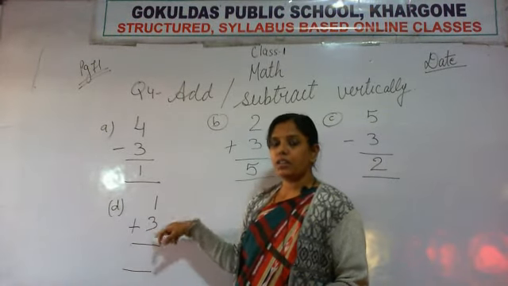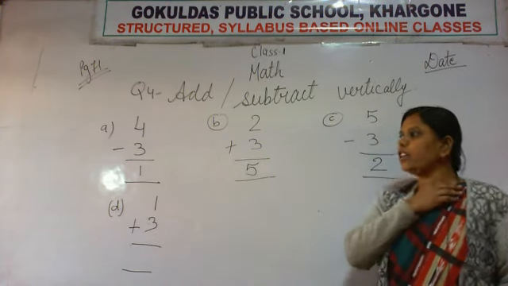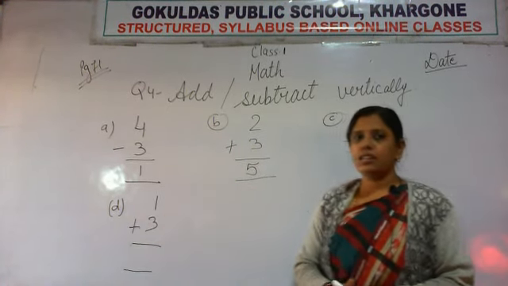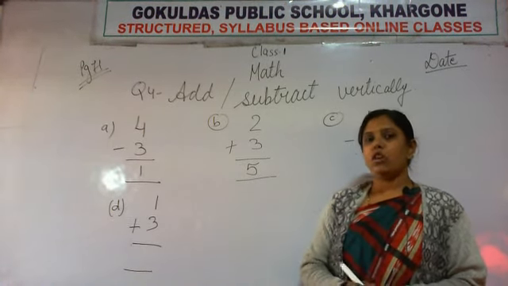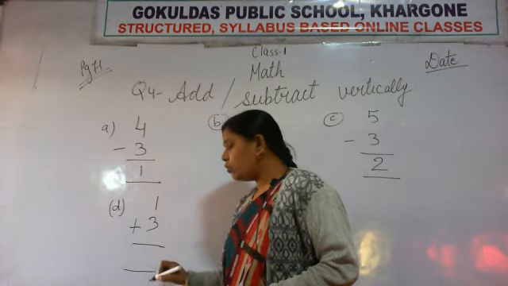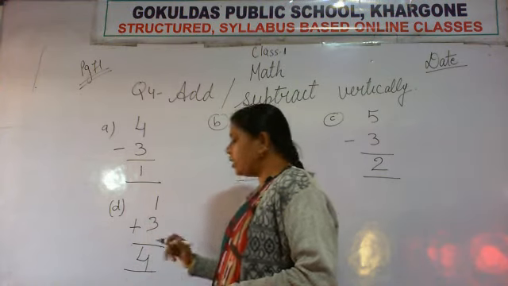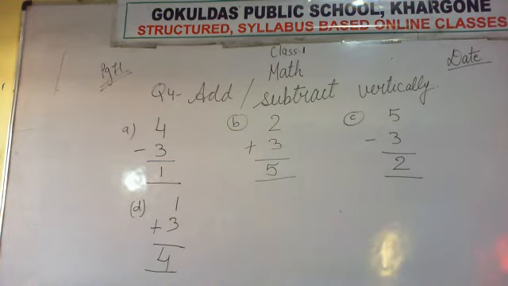First take out 1 finger. Now take 3 more fingers. 1 finger, then 3 more fingers. How many fingers in total? Count. 1, 2, 3 and 4. So 1 plus 3 is 4. Copy it.